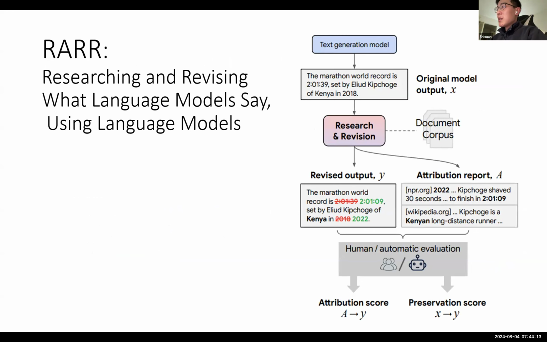Basically, you'll have one text generation model here, and you have an input passed to this model, and you are getting an output, right? The novel point here is that the process will do some research and revision on the generated content. The authors implemented a technique called comprehensive query generation.